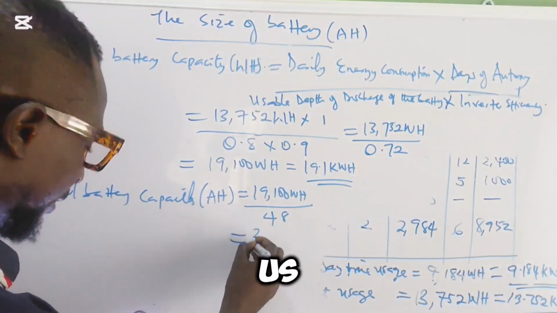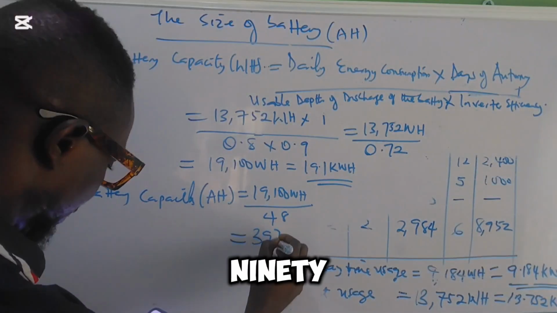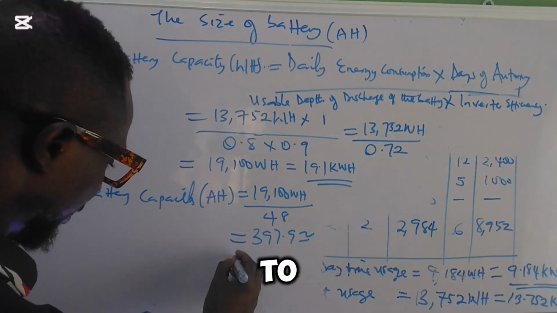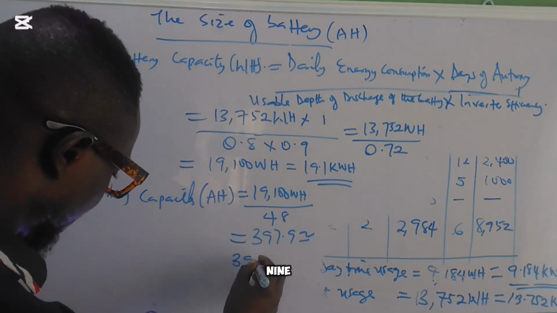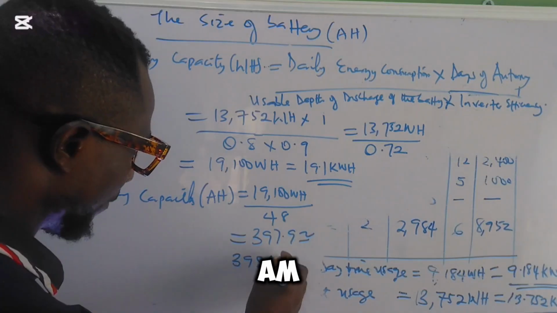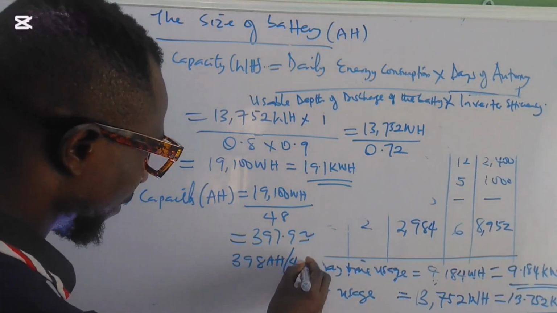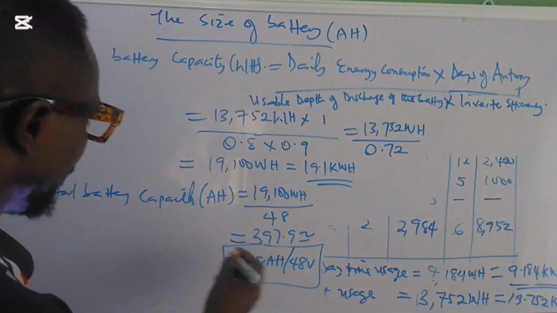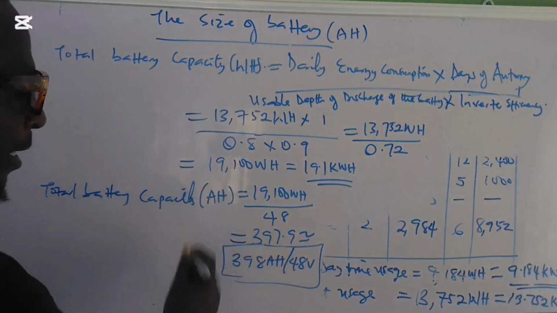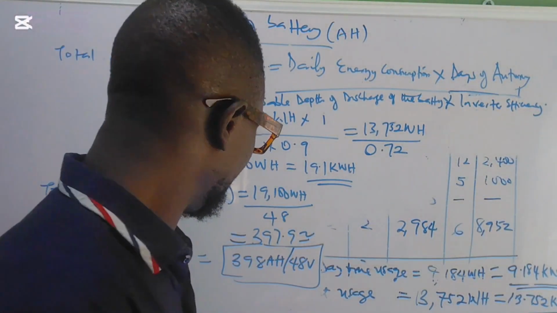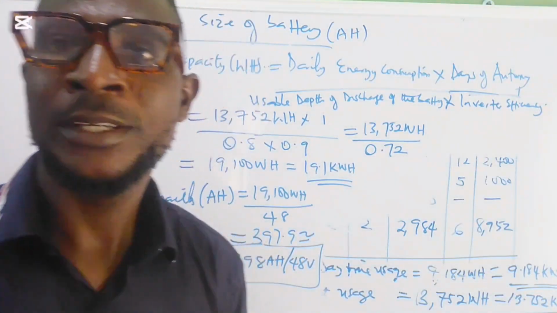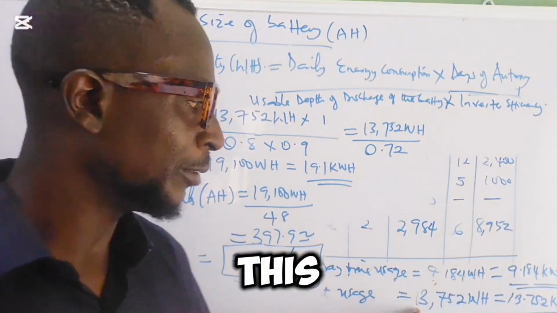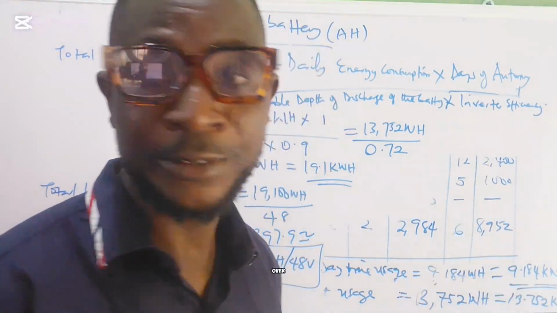This gives us 397.9, which is approximately equal to 398 ampere hour, 48 volt. So this is the battery capacity that will be needed to run this load over the night.